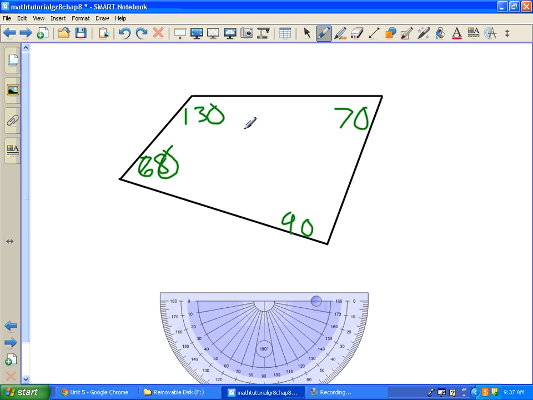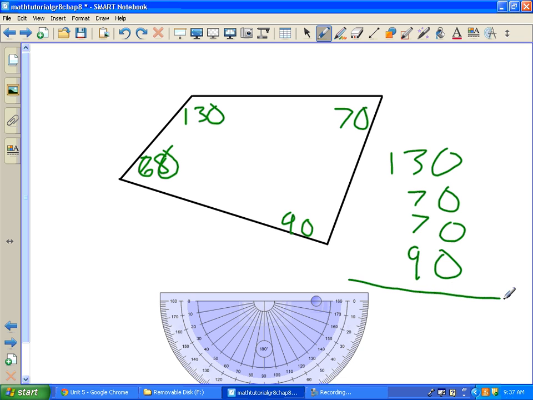Okay. Now, if you add them up, you've got 130, you've got 70, you've got 70, and you have roughly what looks to be a 90-degree angle. So adding them all up, 7, 8, 9, 10, that would be 17, and that would be 28.